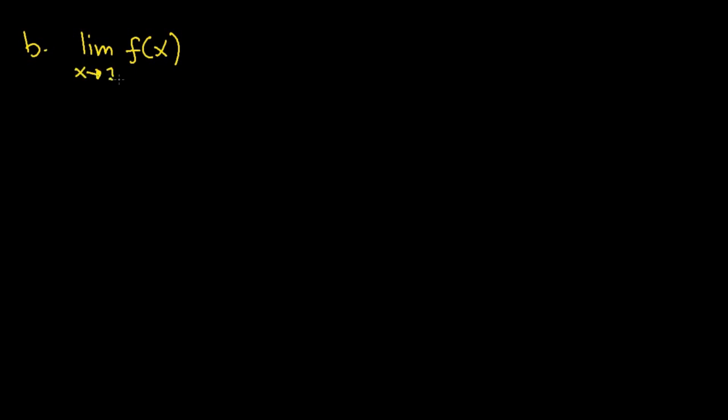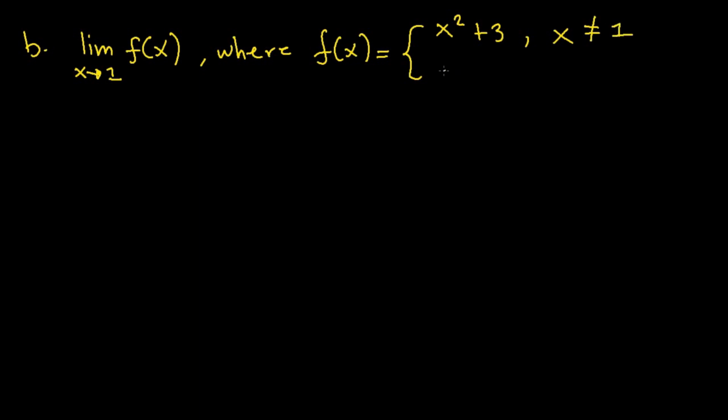Makakita rin kayo nga problem where f of x is the following: x squared plus 3 if x is not equal to 1, and f of x is equals to 2 if x is equal to 1.